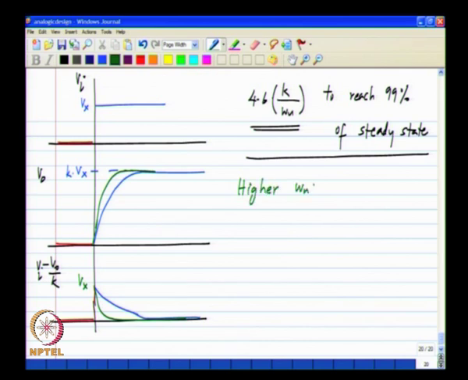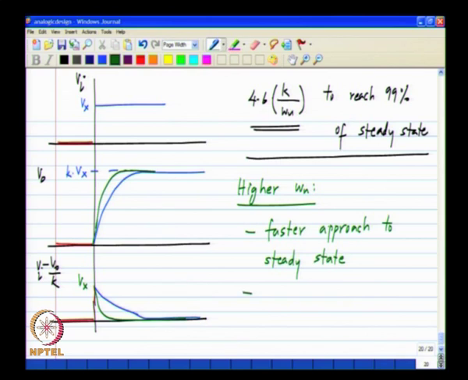A higher value of omega u means that you have a faster approach to steady state.